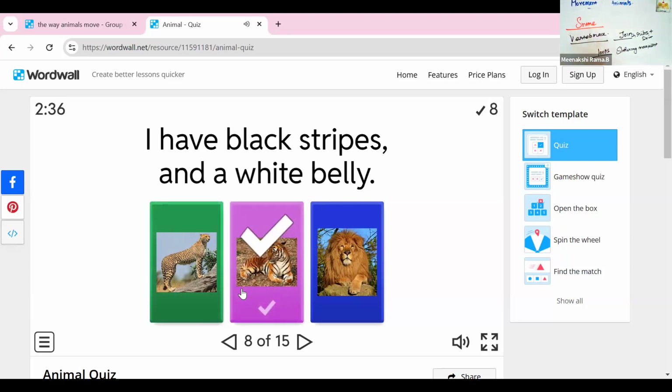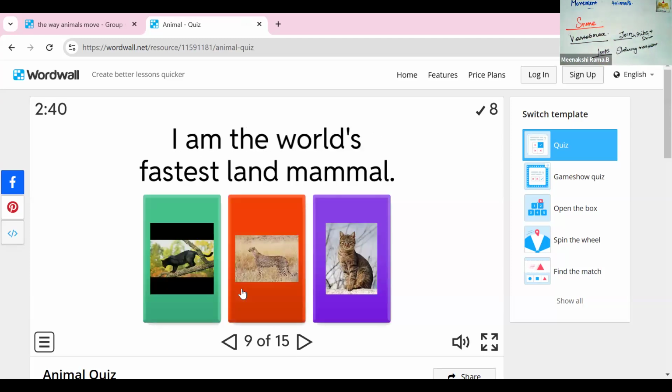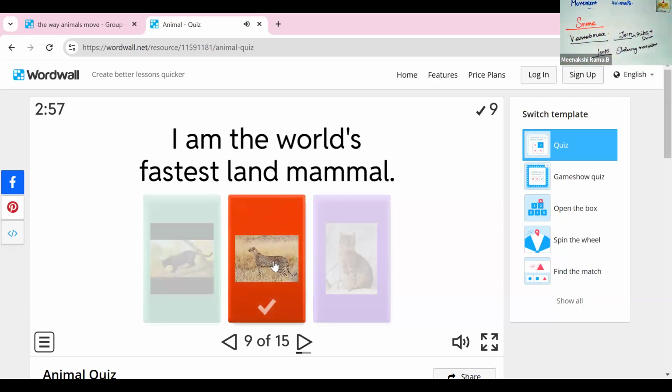Yes, tiger is the right answer for that question. Okay. Students, anyone participate to answer the questions? I am the world's fastest land animal. Who is the fastest animal? Yes, cheetah. Cheetah is the fastest land mammal.